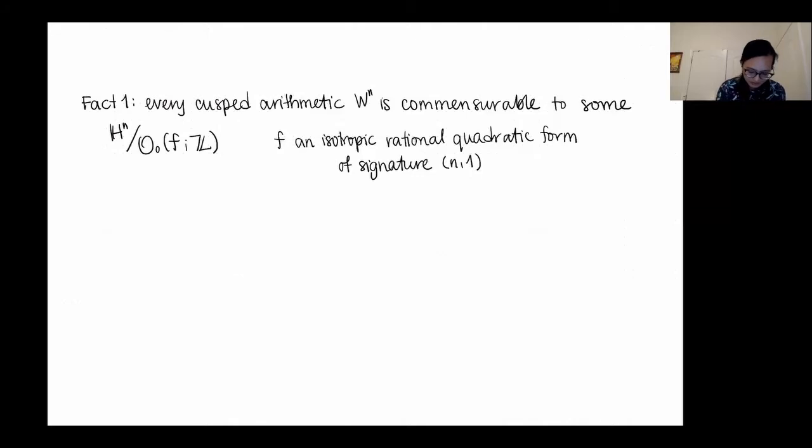So here's an example of when this happens. If I take F to be the following form, so when I evaluate it at a vector X, I get this.